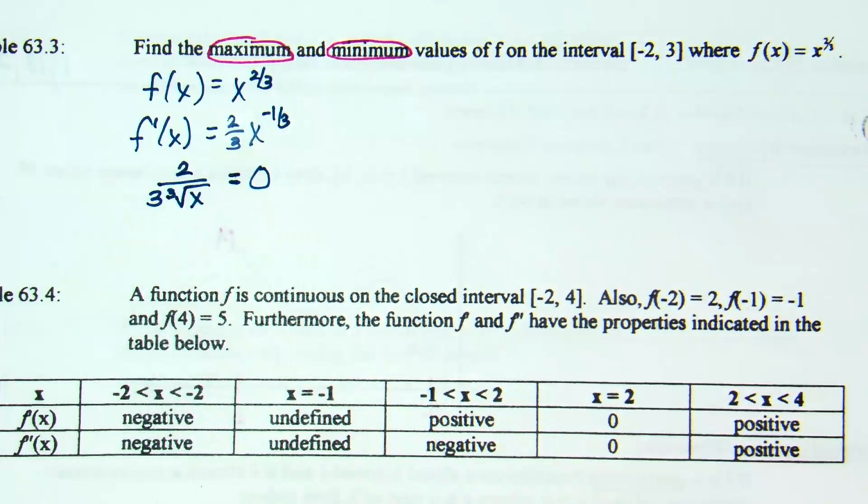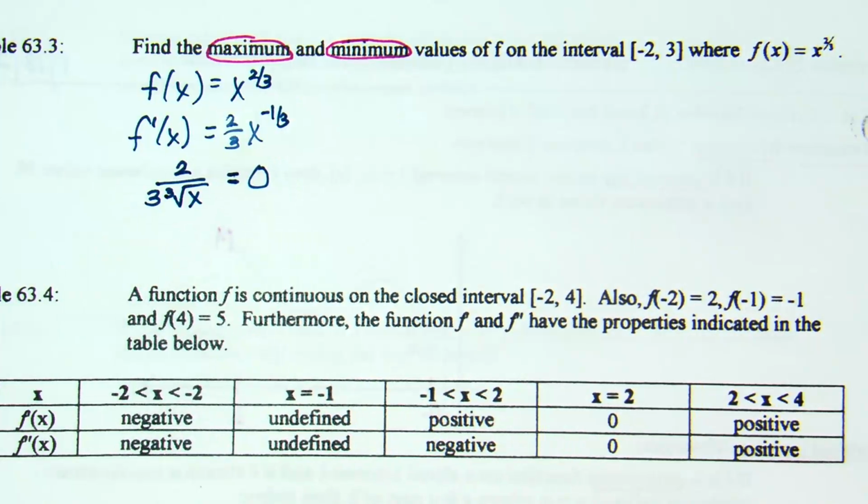When does 2 over 3 times the cube root of x equal 0? When does a fraction equal 0? When the top equals 0. What is my top? 2. When does this fraction equal 0? It doesn't.